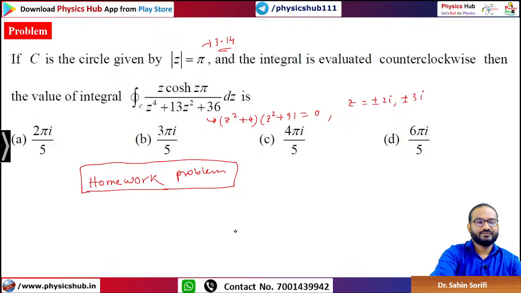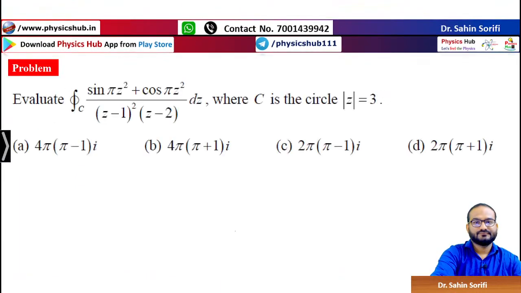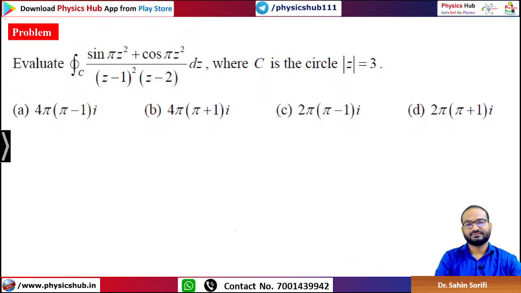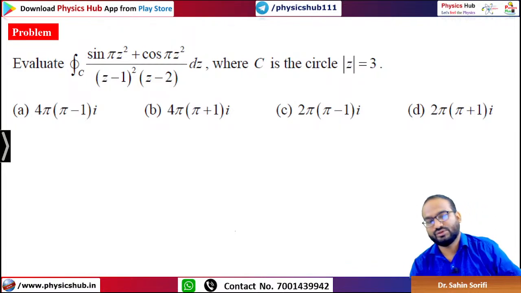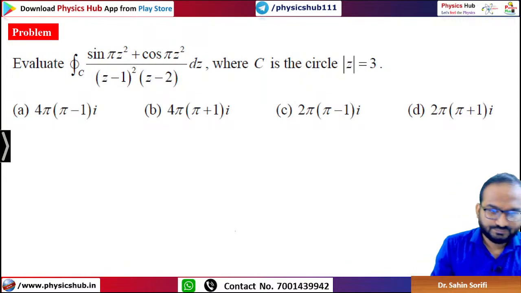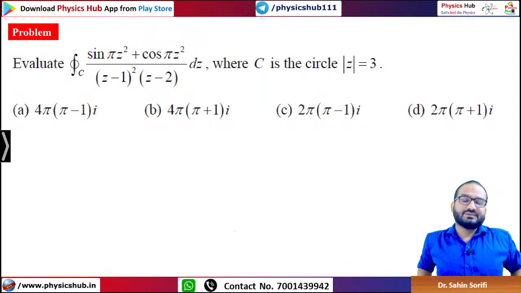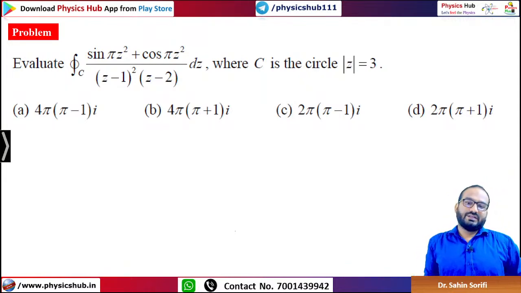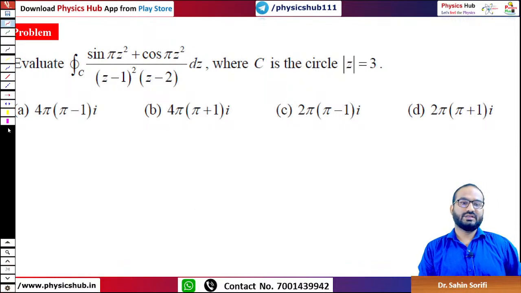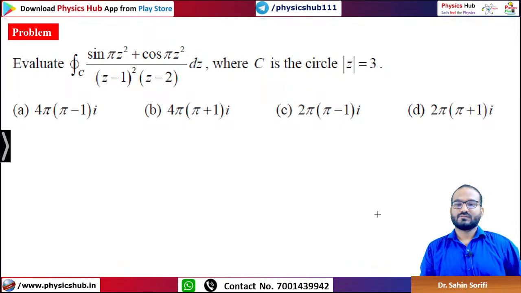Last question of today. Do this one. Here pole of order 2 is considered. Sin pi z square plus cos pi z square divided by this. C is the circle with radius 3 units.